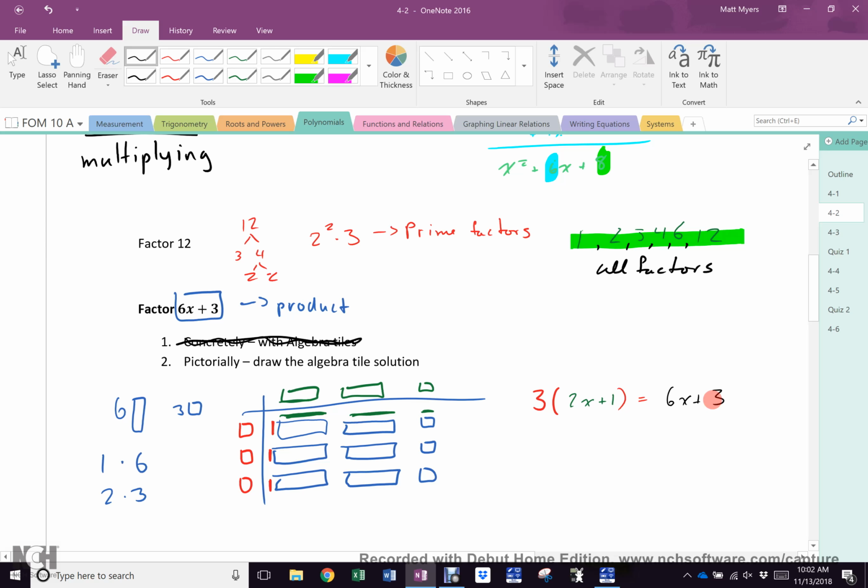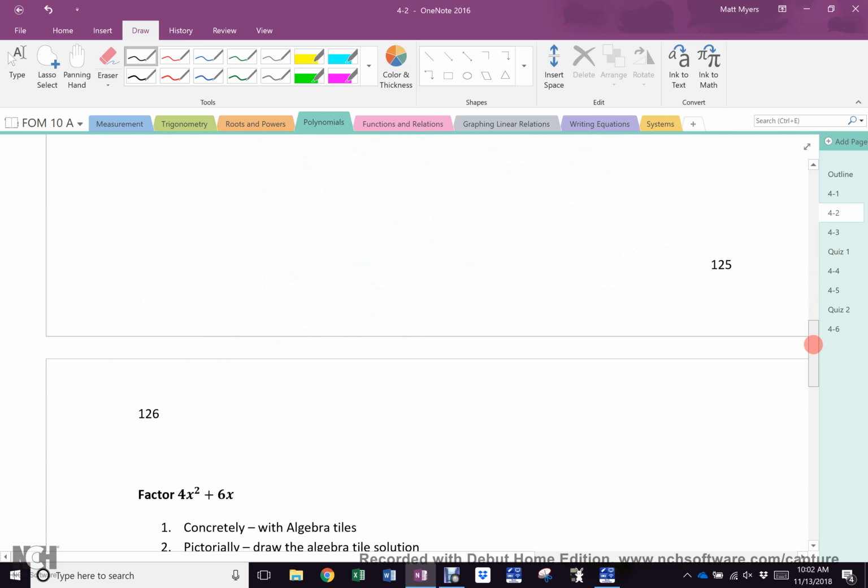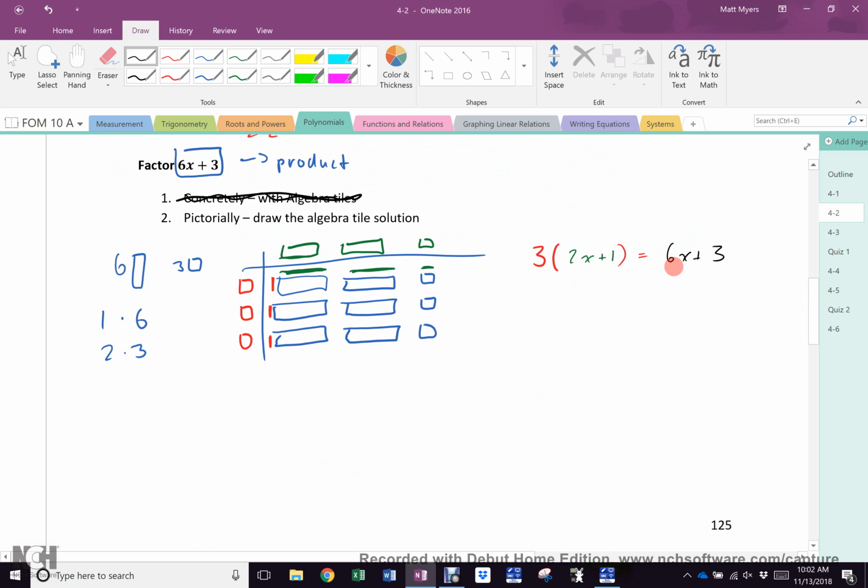Is everybody cool? Now, of course, just like before, this can be done with algebra. All right? I started with 6x plus 3. What did I do with the 6? What math did I perform?